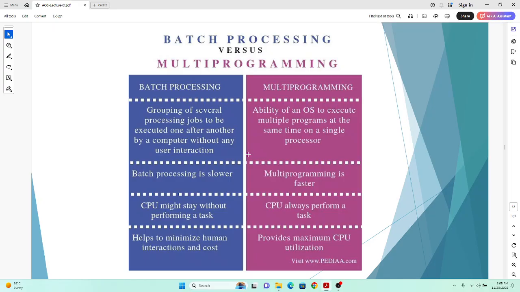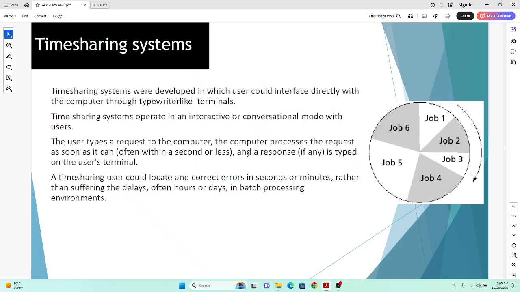Batch processing has an advantage because in earlier days, before batch processing, we had human interaction. It minimizes the human interaction when batch processing came into place, and multiprogramming provides maximum CPU utilization.